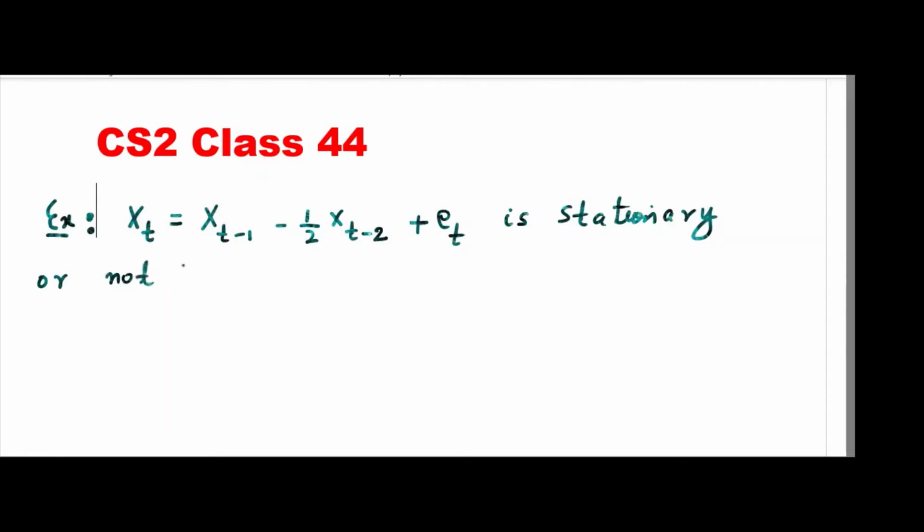Welcome to class 44. We'll start with one example to check whether this is stationary or not. The assumption here is to assume that it has infinite history.